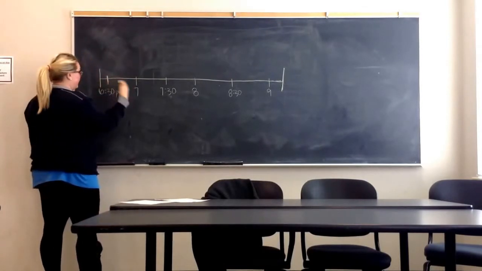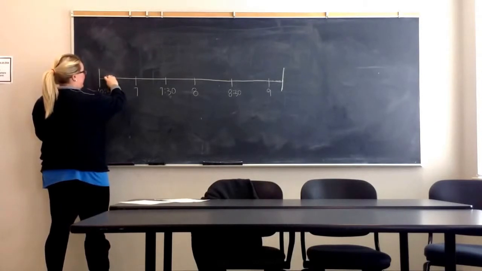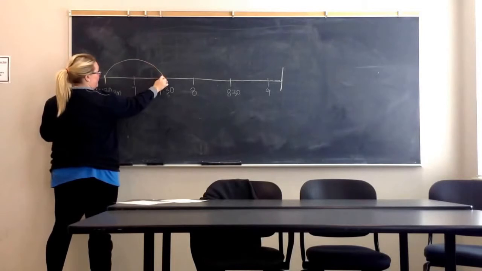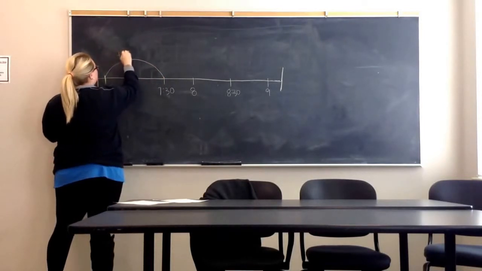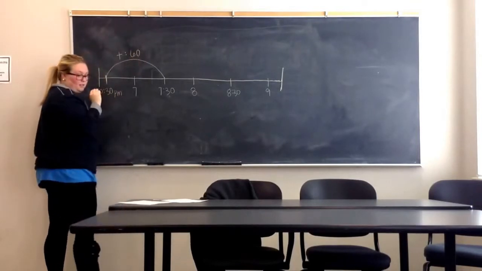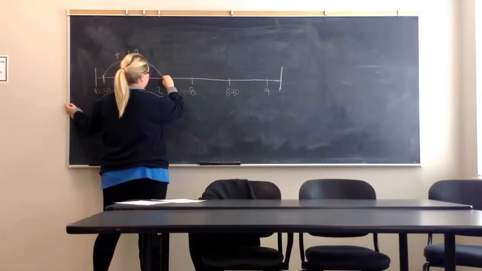So we're using base 60 since we're using time. So we make a jump from 6:30 to 7:30, and this marks 60 minutes, 1 hour.